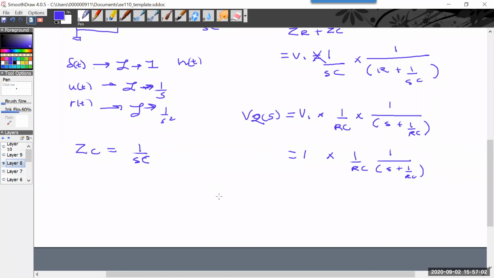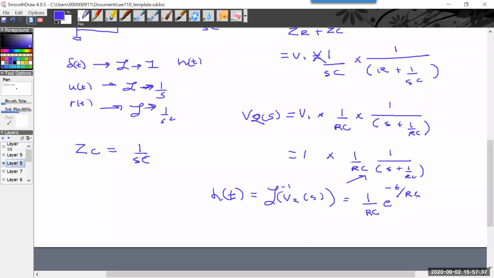So now to find h of t, that's the inverse Laplace of this. And when you look up the table, you get this.